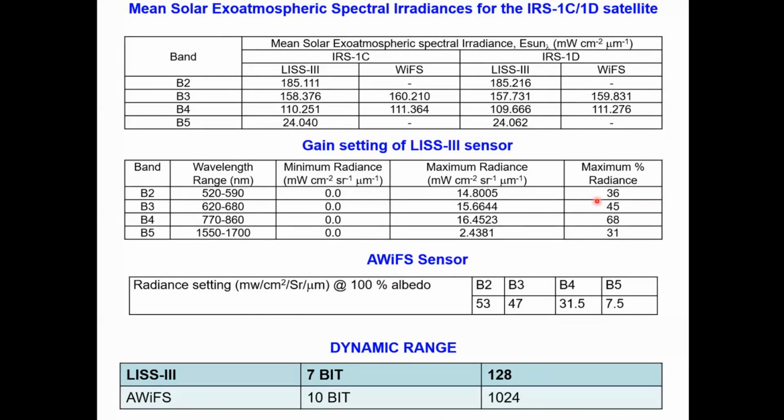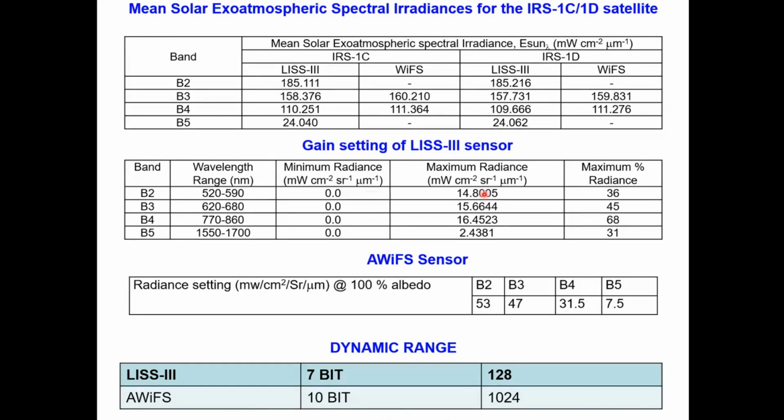But you cannot do remote sensing applications, particularly for snow, using this sensor, because every time it gets saturated. The radiance setting you can see in AWiFS is 53, whereas in LISS-3 it was 14. So it was really very low, and we had real difficulty in doing that.